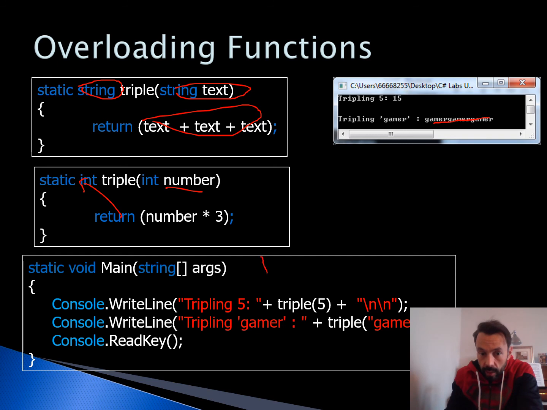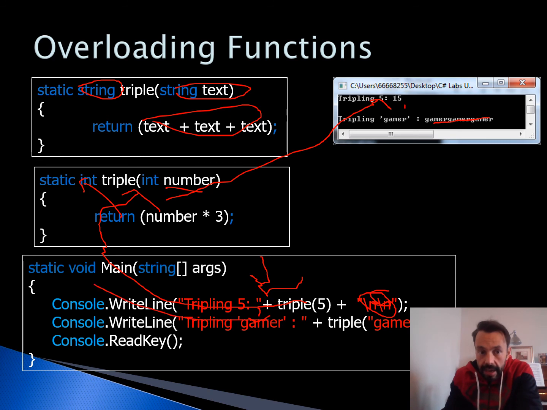The program flow goes like this: to here, and then triple 5, you're putting in 5, so it goes to here to print out 15. Then it gives you a new line. These are new lines, by the way, 2 new lines actually. And then the program flow returns to the triple gamer, and you're going to this particular function, performing that, and then returning the program flow there.